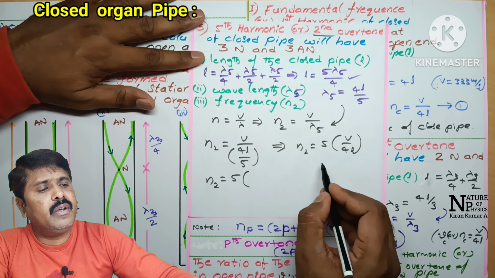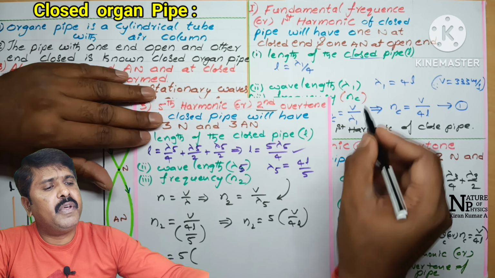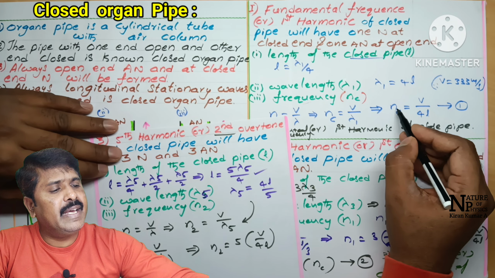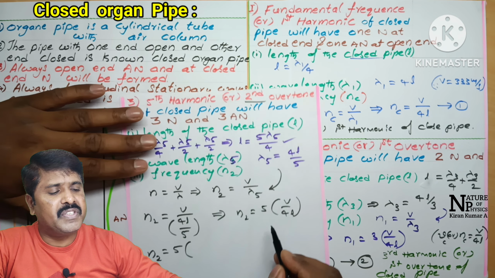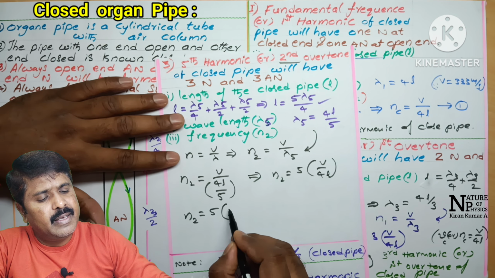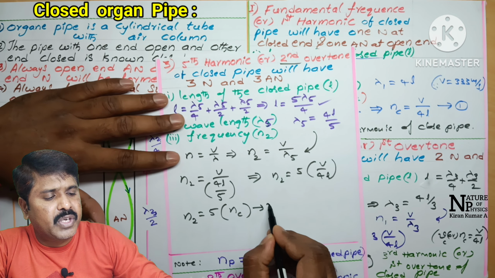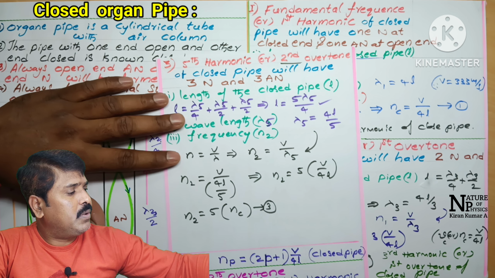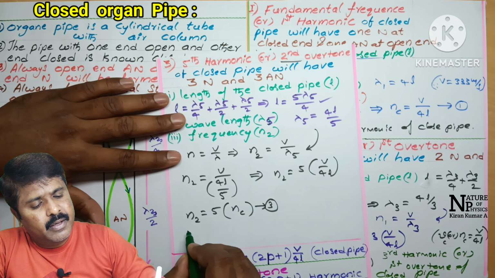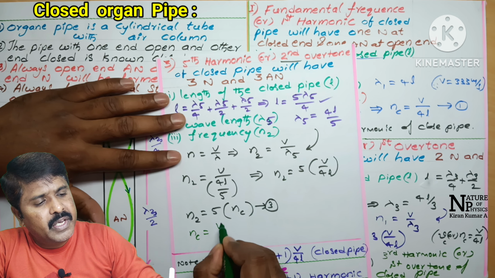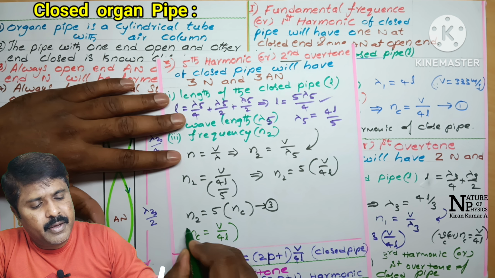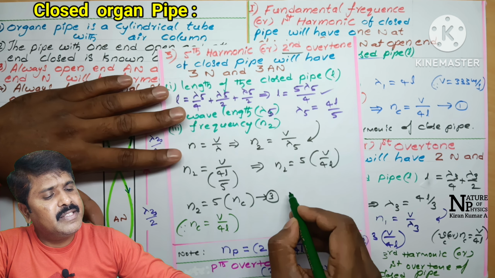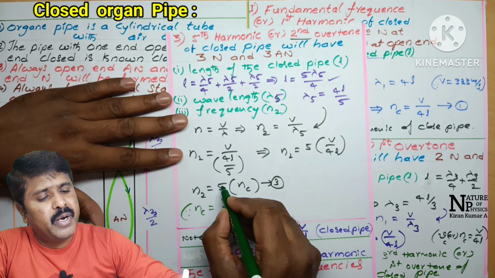V by 4L is equal to what value, student? NC is the fundamental frequency of the closed organ pipe, so N2 is 5 NC, equation number 3, student. Notice that NC is equal to V divided by 4L, already we did this. And equation 3 represents what, student?